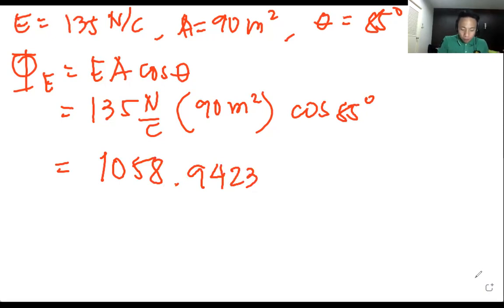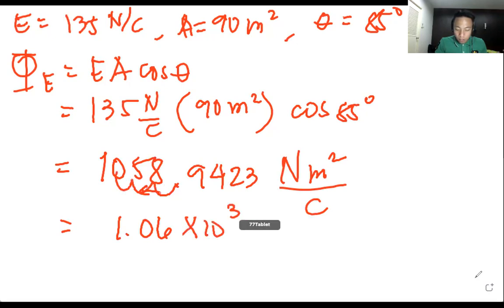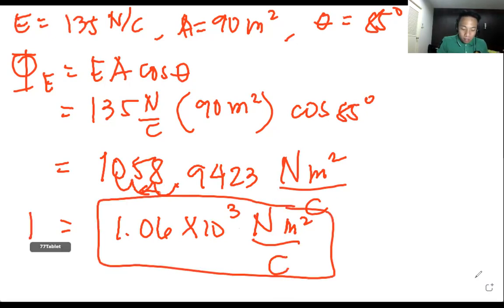Okay? So if we put this into scientific notation, it will become 1.06 rounded off, multiplied by 10 raised to 3 Newton meter squared over C. So this will be the final answer of the electric flux for number 4. Okay?